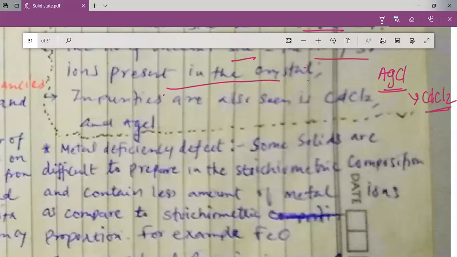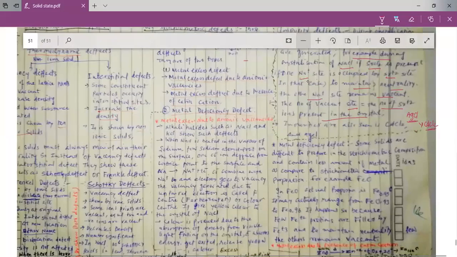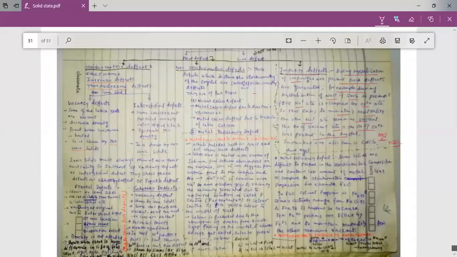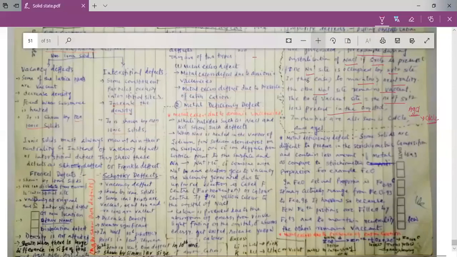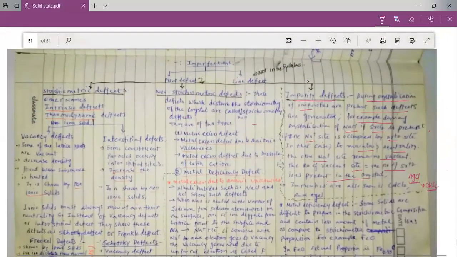So dear students, here we have studied all the various types of defects, and we have discussed almost all the points from our chapter, the solid state. So now you can easily understand that we have these various types of defects. Let me give you a look at that, my dear students.